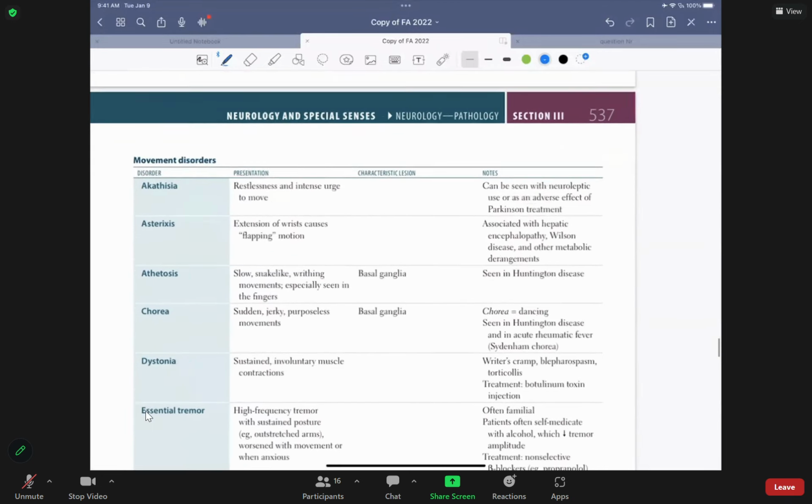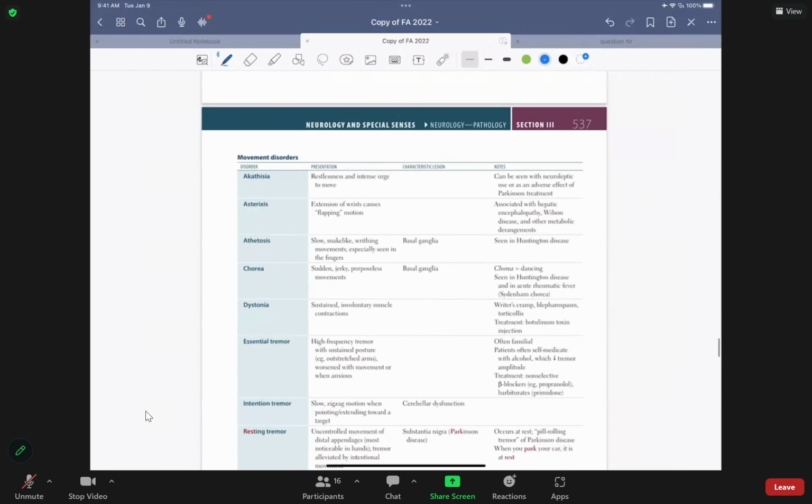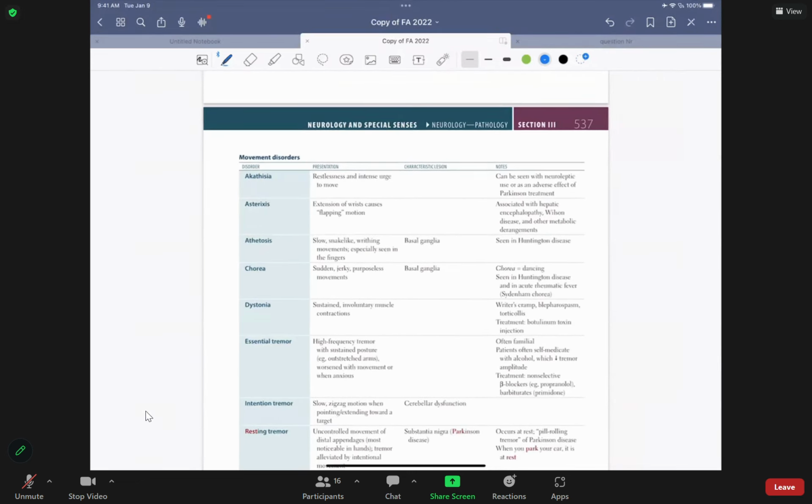Okay, go to page 537. Now, when it comes to movement disorders, folks, asterixis, athetosis, all these are symptoms.